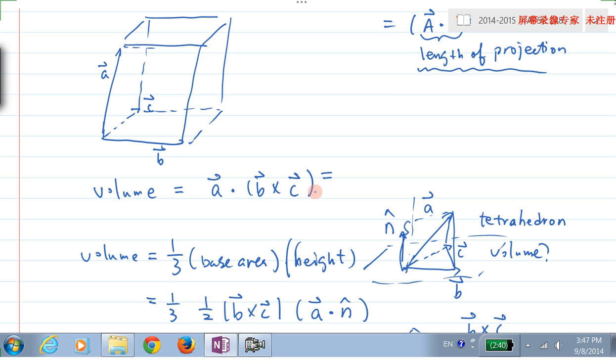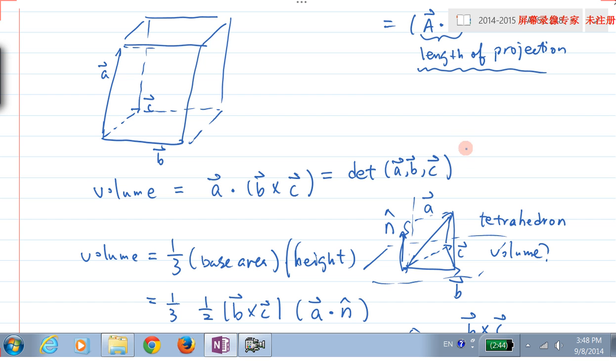You can find a very simple proof that A dot B cross C equals the determinant of A, B, C. This is what I put down at the end of the lecture last week.